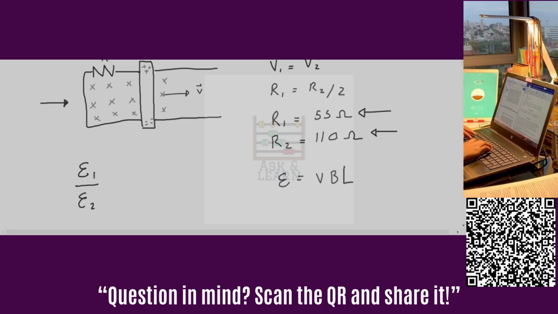So if you notice, none of these actually depend on the resistance in our circuit. So the induced EMF is totally independent of our circuit. So this ratio should just be VBL over VBL, which is 1.